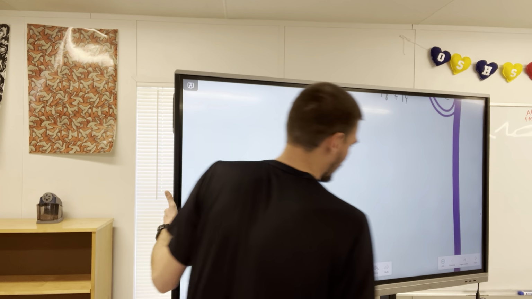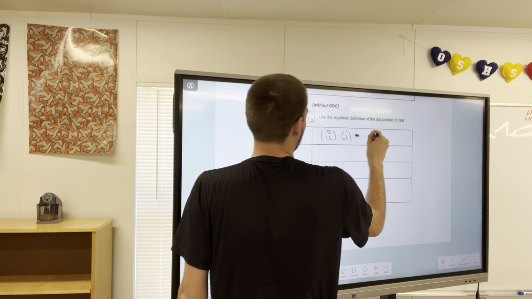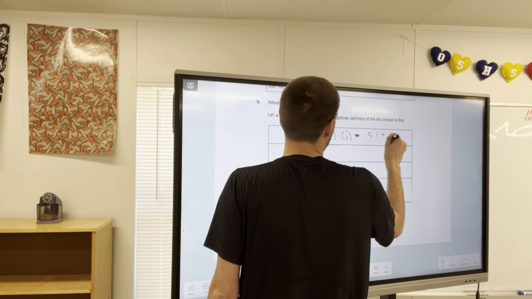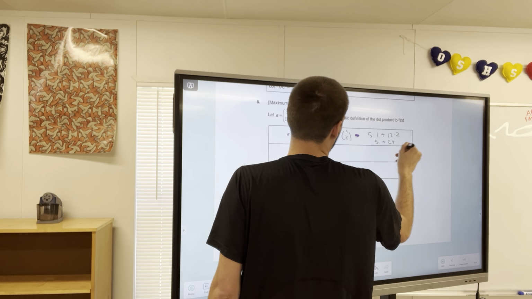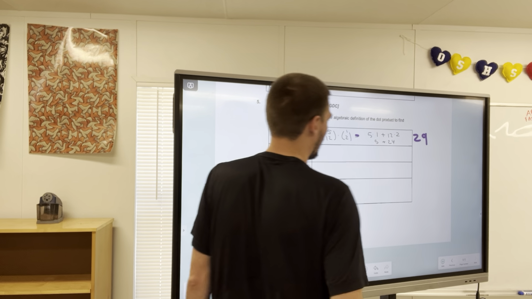Let's go back and make this happen, down here in the bottom. A dot B would be 5, 12 dot 1, 2, which would be 5 times 1 plus 12 times 2, which would be 5 plus 24, which would be 29.